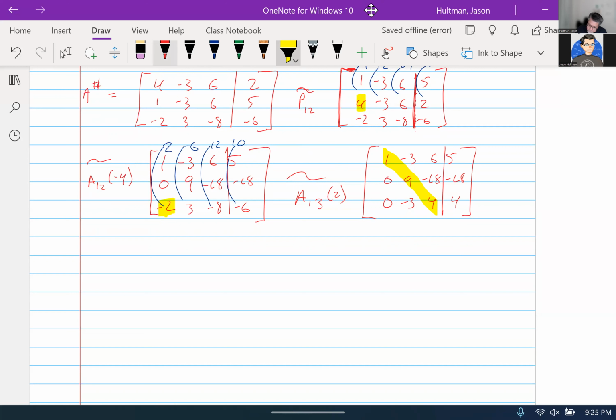So if I multiply row 2 by 1/9, that is going to get me 1, negative 3, 6, 5, 0, 1, whoops, it should be 6 and then 5. Then 1, negative 2, negative 2. And then 0, negative 3, 4, and 4.